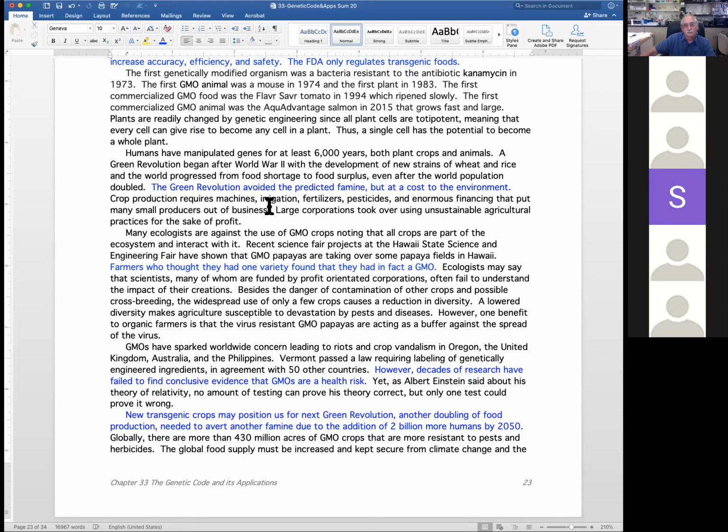So the Green Revolution avoided a predicted famine. Famine was predicted after World War II because of the population explosion. And the reason there wasn't a famine is essentially because of fossil fuels.